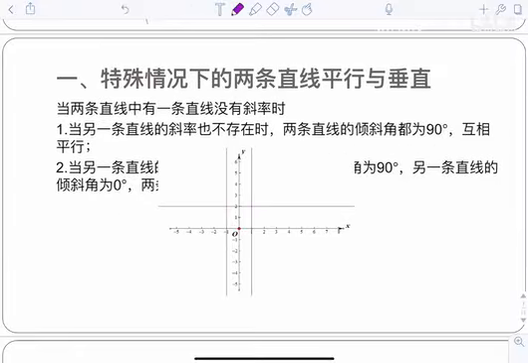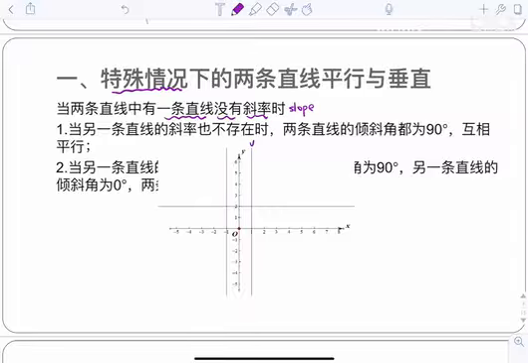So the first one, let's see the exception case. 在特殊情况下 in the special condition, two straight lines parallel and vertical. So it means when one of the straight lines does not have the slope, 它们没有斜率, like this one.